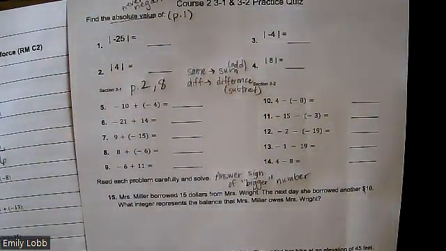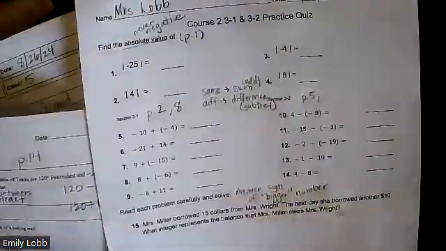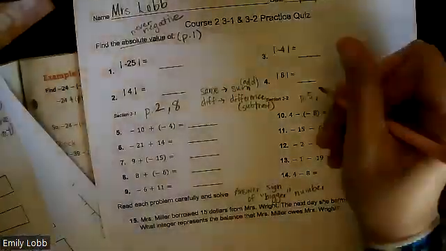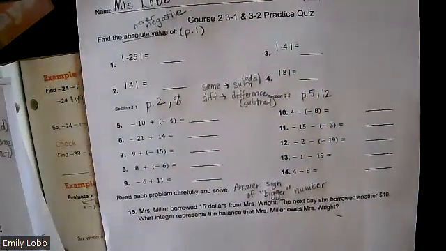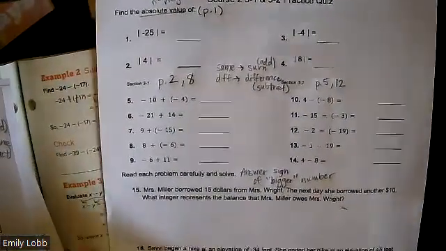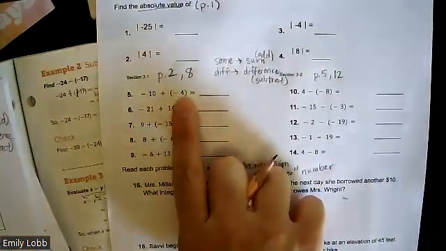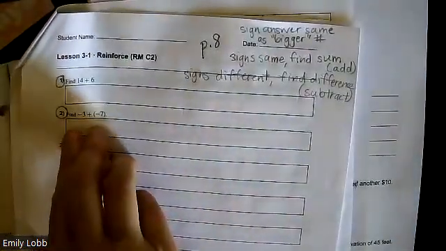So 3-2 starts on page, we did this back starting on page 5. But 3-2, we retaught it again with the 3-2 reinforce, which starts on page 12. So here, our signs are the same, so we're finding the sum. If I'm not sure what to do here, I might look back at a problem I did here. Make sure I know what we did.